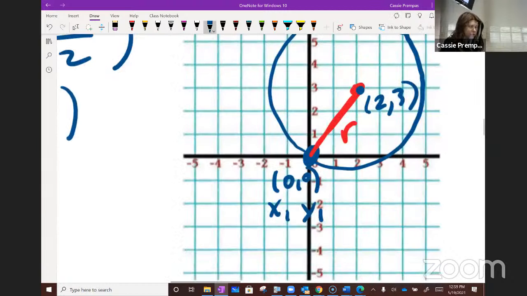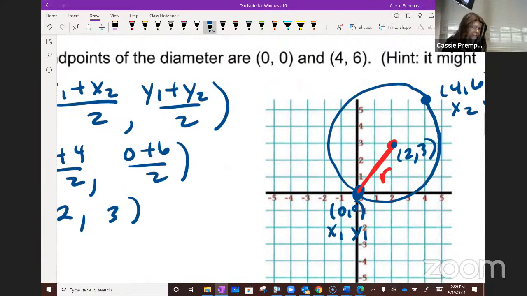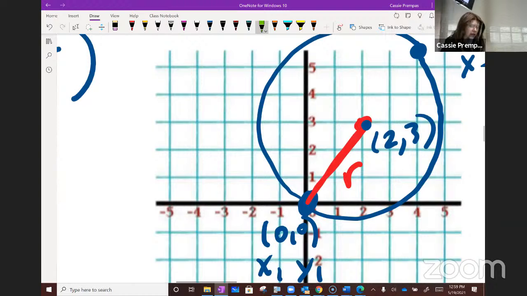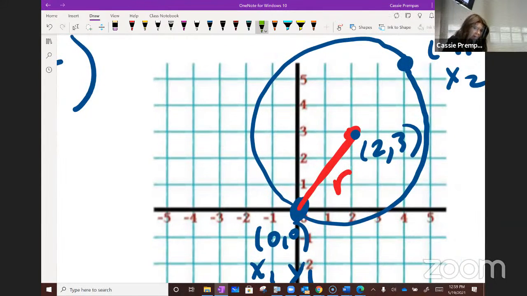Awesome. Let me zone in on this part of the circle. If I created a right triangle, this small part of the right triangle would be 2 units. This part of the right triangle would be 3. It's definitely a right triangle.